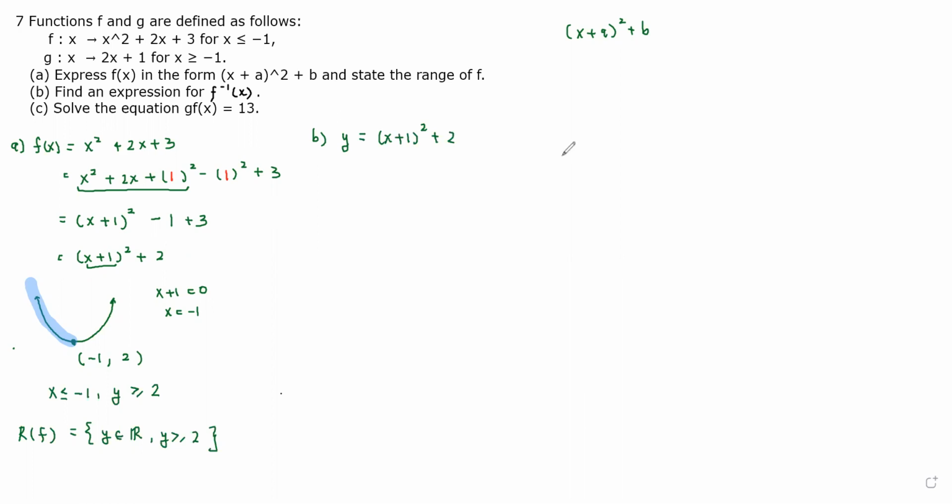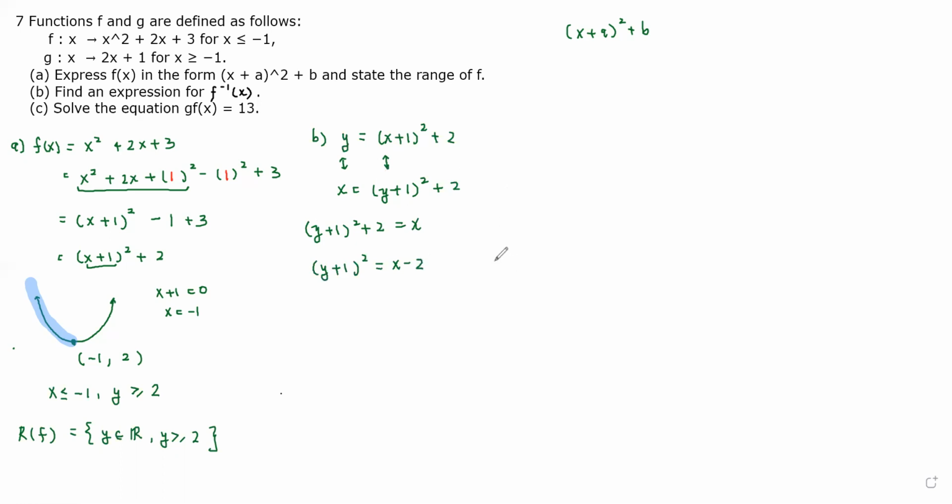And to find the inverse of a function, we interchange the x and y, so that y becomes an x, and that x becomes a y. Now we just need to isolate y. So we have (y + 1)² + 2 = x. Move the 2 over, (y + 1)² is x - 2.